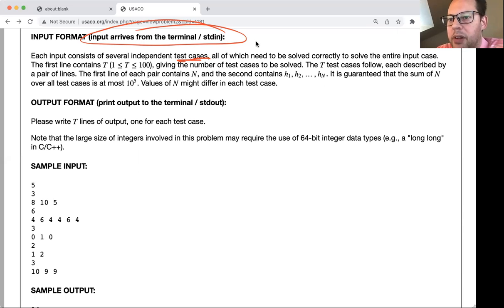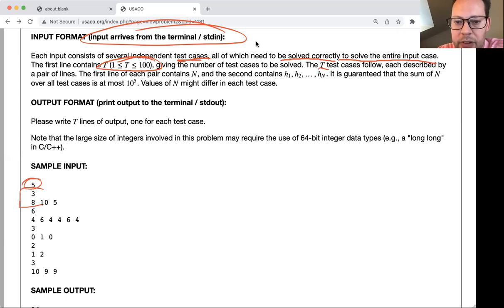So we have several independent test cases, all of which need to be solved correctly to solve the entire input case. The first line contains T, 1 through 100, giving the number of test cases to be solved. So that's this right here, 5. This means that there will be 5 test cases to solve within this one test case. The T test cases that follow are each described by a pair of lines.